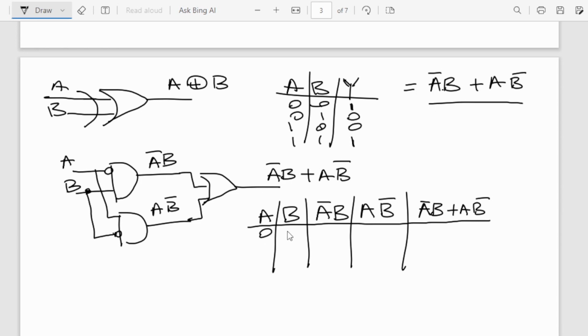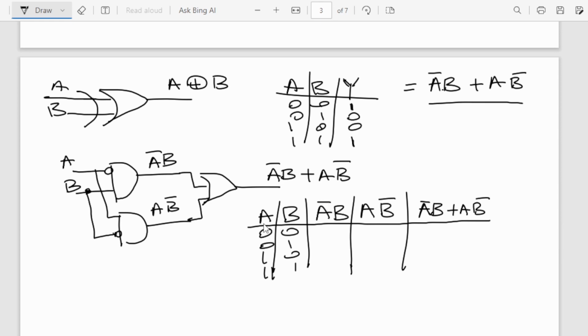Right, so again here we have 0, 0, 0, 1, 1, 0, 1, 1. Okay, if we have the opposite of A and B ANDed together, what is going to be the output? Now keep in mind, for us to have a high output of AND, both inputs need to be 1. Now how will A bar become 1? It's simple. When A is equal to 0, A bar is going to be equal to 1. So we are looking for when we have A bar being 1 and B being 1.